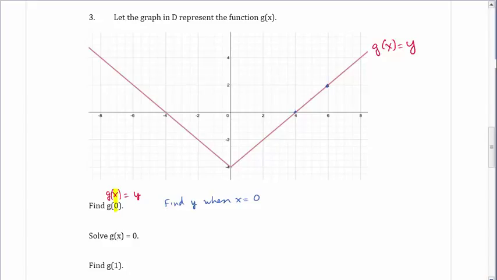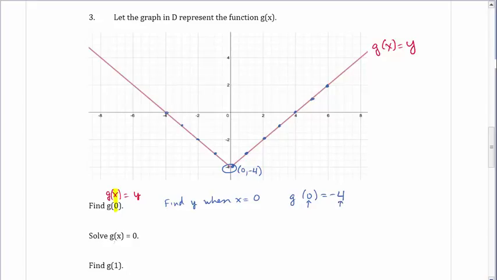There's lots of coordinates here. And I'm looking for the one with an x coordinate of 0. Well, the one that has an x coordinate of 0 is this one right here. This is 0, -4. So the y value when x is 0 is -4. That means we write g of 0 equals -4. Again, this is x, this is y.